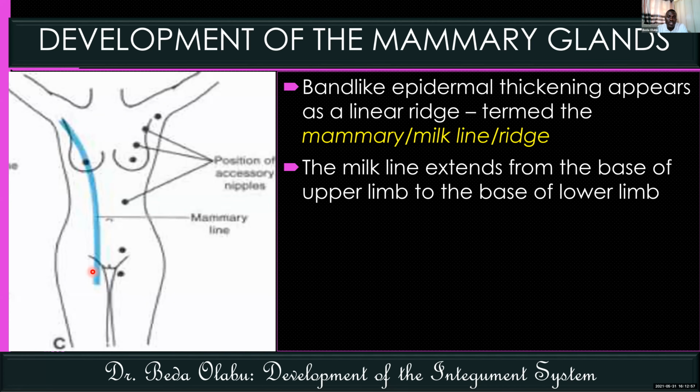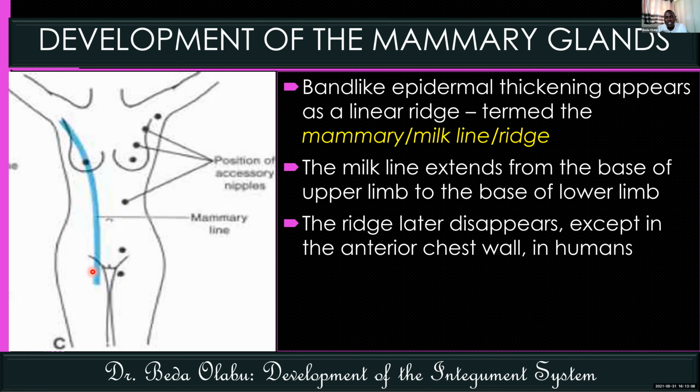This milk line represents the potential location of the future breast. Now we know that in humans, we don't want multiple breasts. We only want one breast. So in humans, what happens is that every part of that milk line disappears except the one in the anterior chest wall.